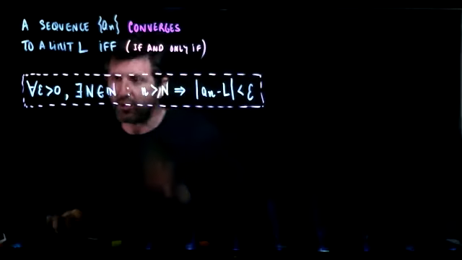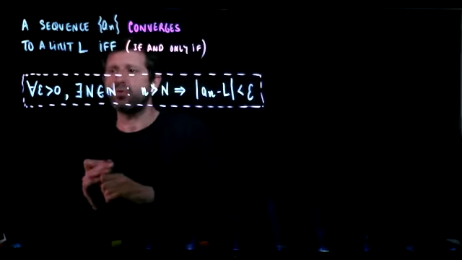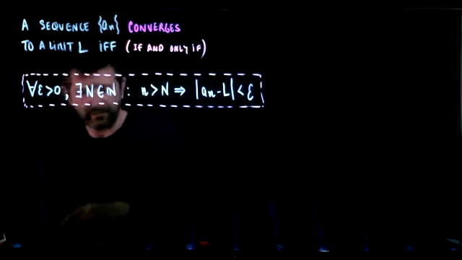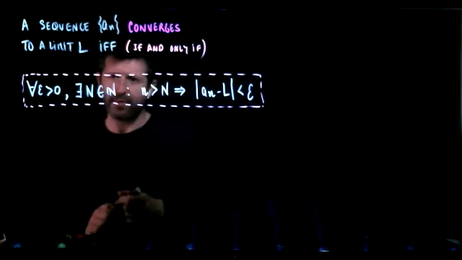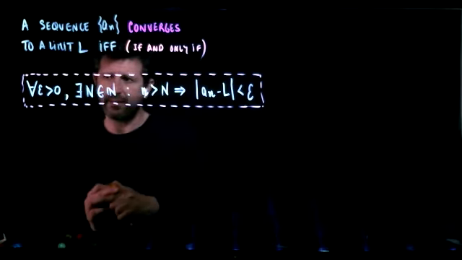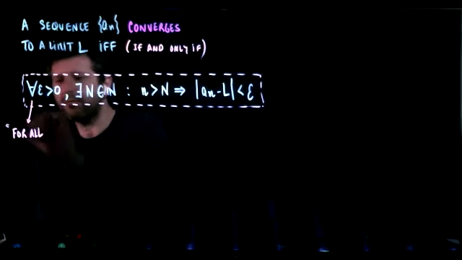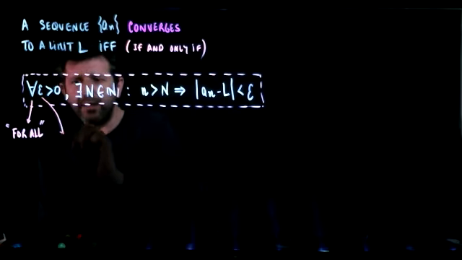Okay, so first, the vocabulary. What does this symbol, the upside down A, mean? For all values? Very good. So for any or for all, okay? This is epsilon.